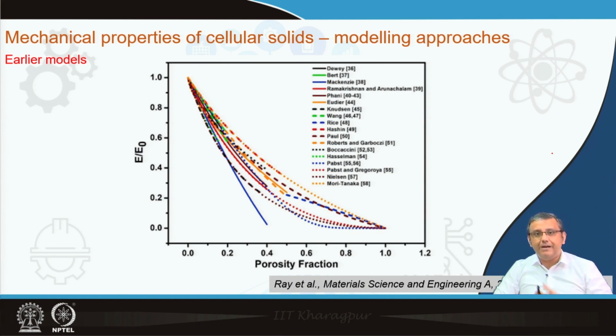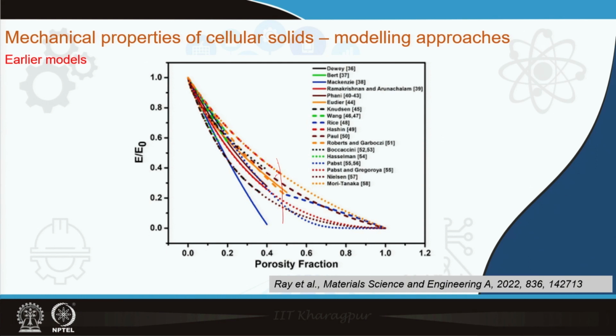So, these are the main drawbacks for this kind of models. Also, depending upon the amount of porosity we have, there is a large scatter. That means the range of property values predicted by these models is pretty high.